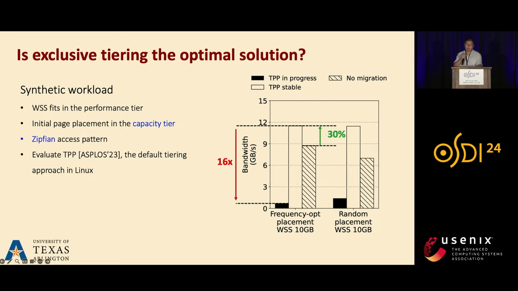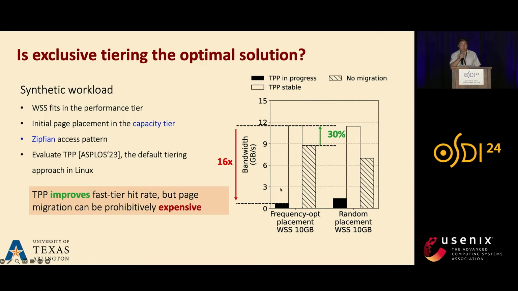We also disabled page migration and used it as a baseline. As shown in the figure, although TPP was able to eventually move all the hot data to the fast tier and achieve 30% higher bandwidth compared to no migration, it incurred prohibitively high overhead during page migration and led to 16 times bandwidth loss.